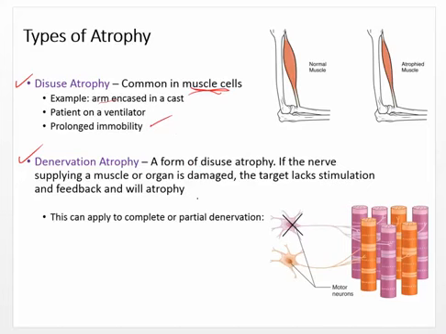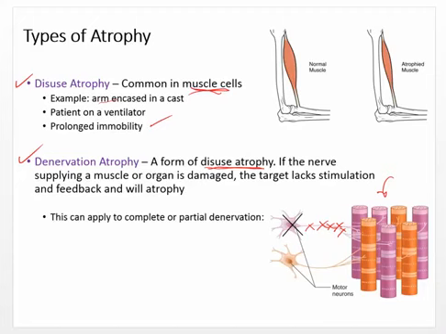Okay, denervation is a little different, but it is still a form of disuse atrophy, except in this case, your neurons have become detached. So these are muscle cells over here, and if the nerve cells have become detached, or there's been damage to the nerve cell, this happens a lot of times with spinal cord injuries and those kinds of things, then the muscle is not getting the feedback from that neuron.